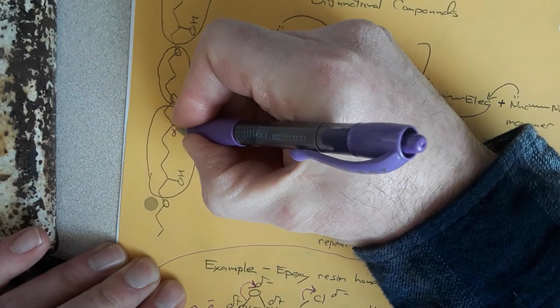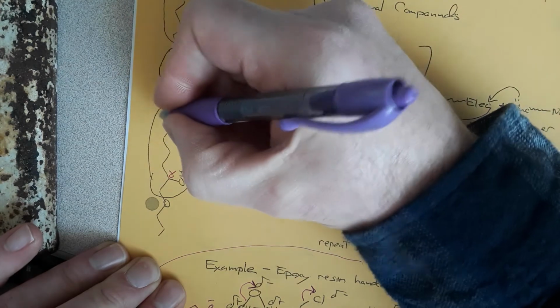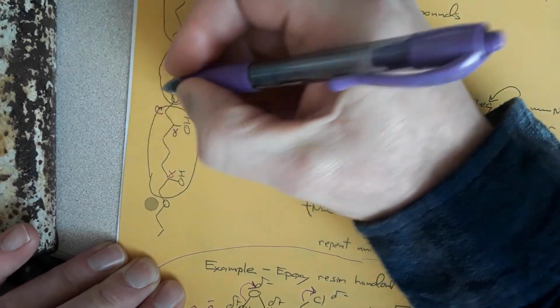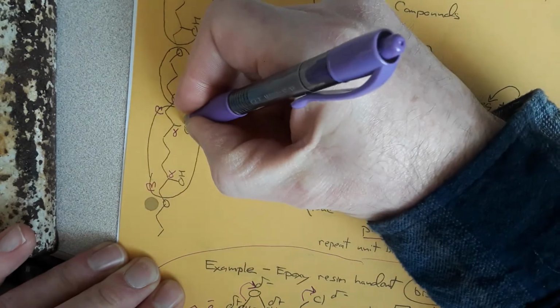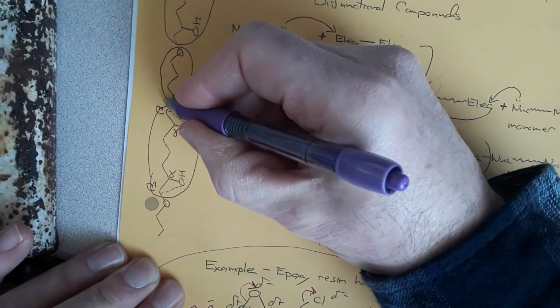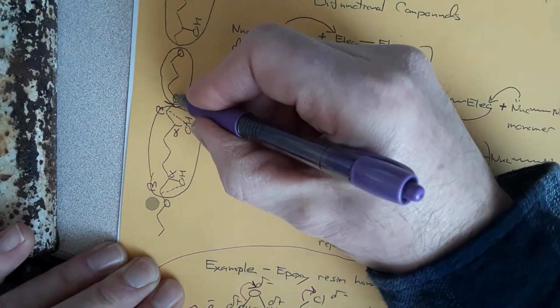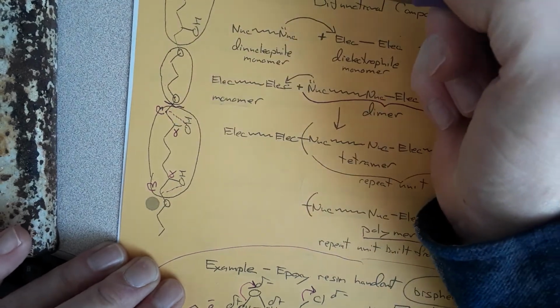So if these alcohols here, there's the alpha carbon, and then the neighboring one is the beta carbon. This used to be an epoxide there, and this used to be an epoxide there. So we attacked with some sort of nucleophile here, an oxygen nucleophile attacked there and popped the ring open.